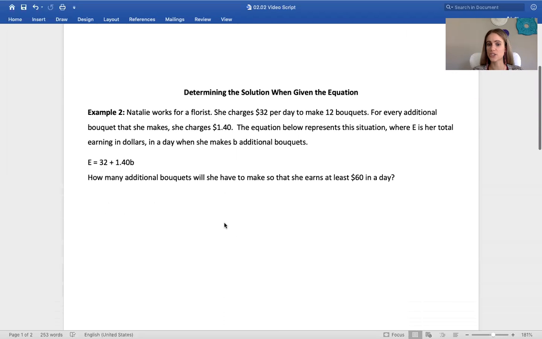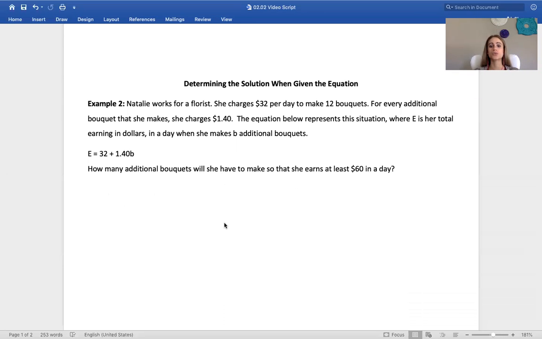All right, these next 2 examples are going to work with word problems where the equation has already been given to you and you just need to solve based on the information presented. Example 2: Natalie works for a florist. She charges $32 per day to make 12 bouquets.